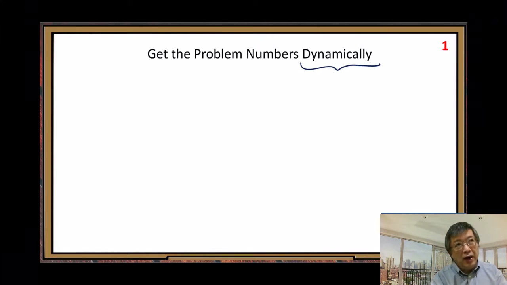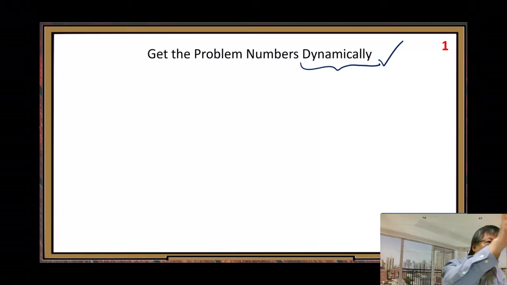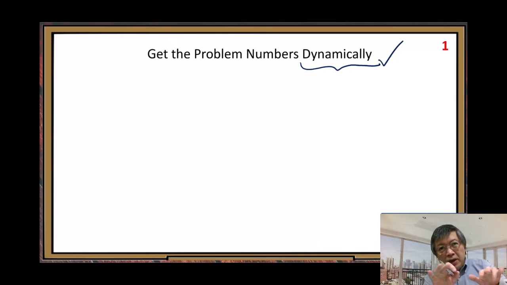Here, I emphasize this dynamically because I don't want any of you to just look at the number of problems in our database table, and then type that number on the page in a hard-coded way.